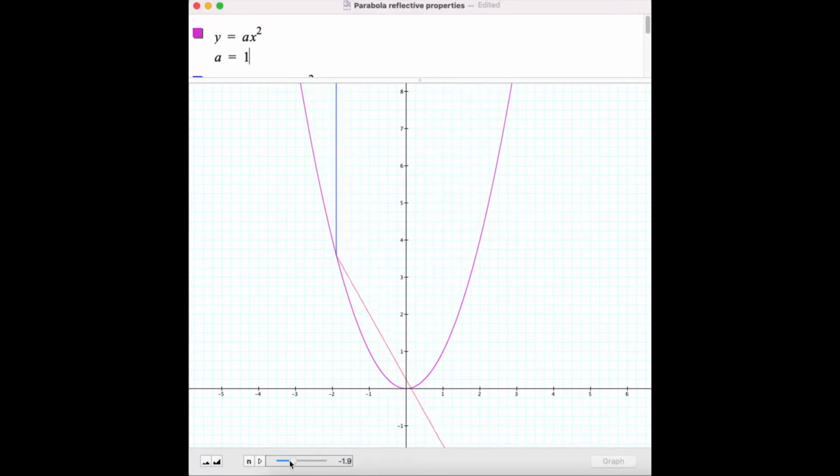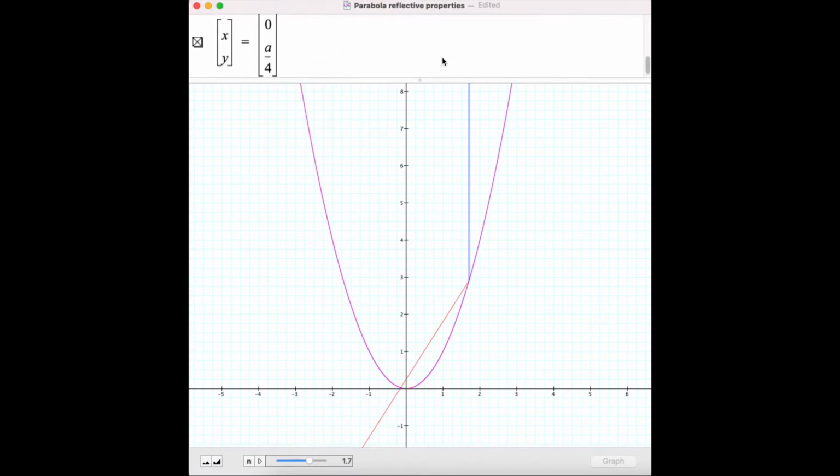What happens when something, say light rays, might be coming from straight above into a parabola like this? I just set this up. There's some technical stuff in here that you don't need to think that much about, where I had to do some geometry, but the concept is that the angle of incidence and angle of reflection are the same.